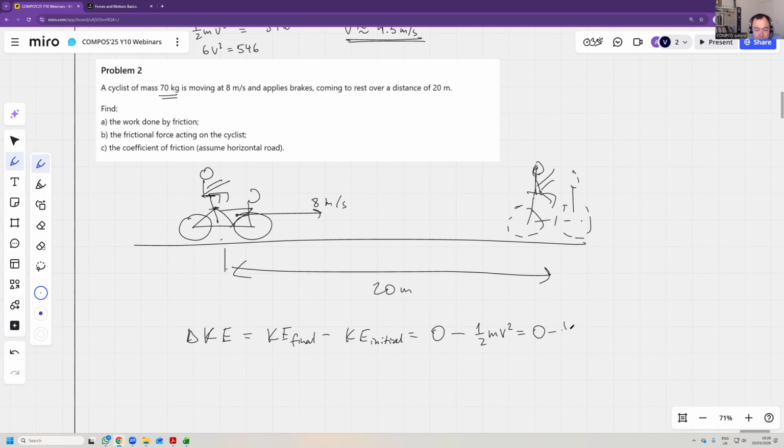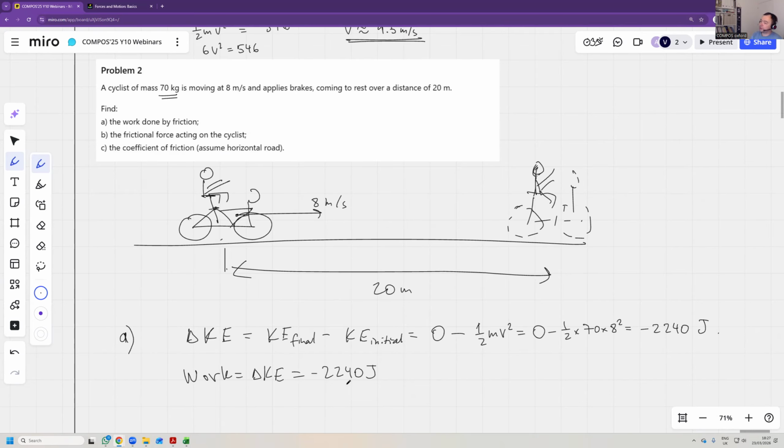So 0 minus 1/2 times 70 times 8 squared, 70 times 32, which is negative 2240 joules. So the change in kinetic energy is negative. So the work is the change in kinetic energy, which is equal to negative 2240 joules.